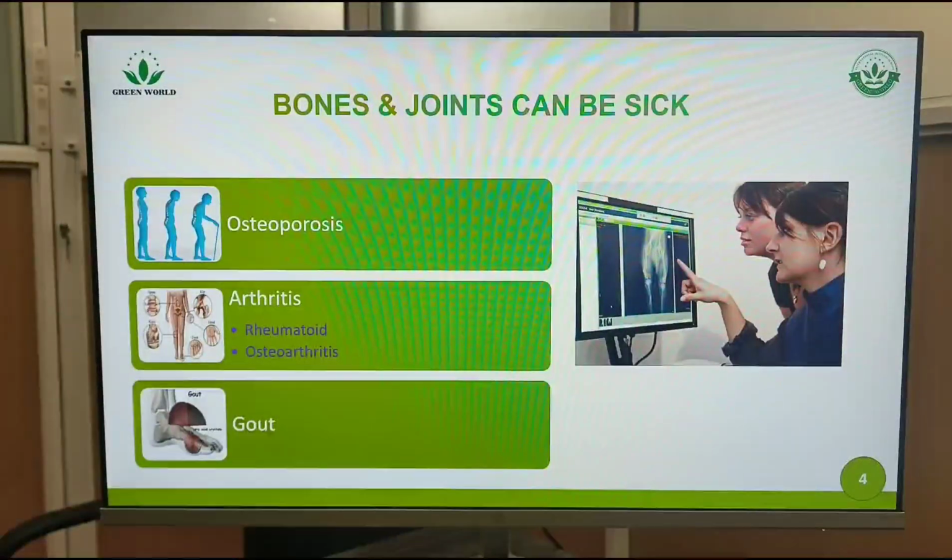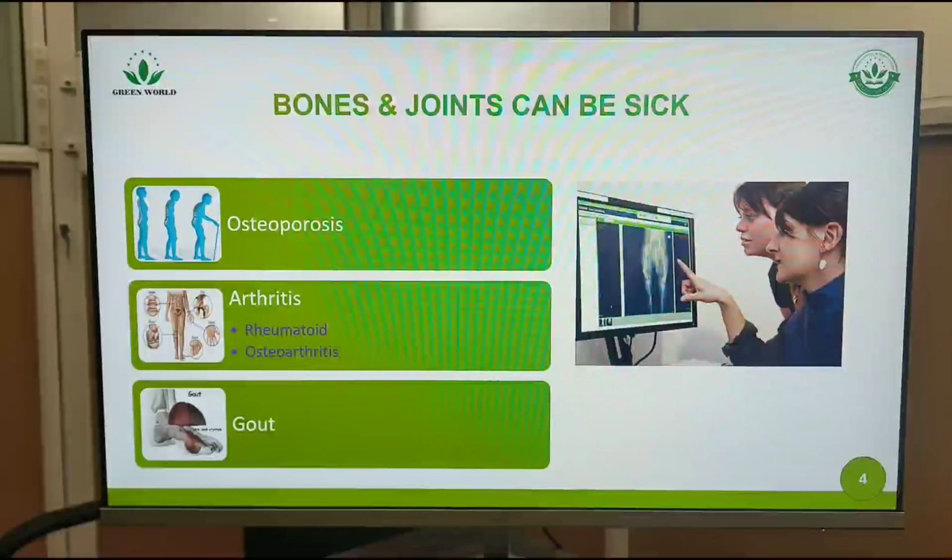Now, bones and joints can get sick, and once they are sick, that means the body is not going to operate normally. And we have 3 diseases that affect this. So we can see from the slide that the bones and joints play important roles in the human body, and if we do not take good care of our bones and joints, then they can be sick.